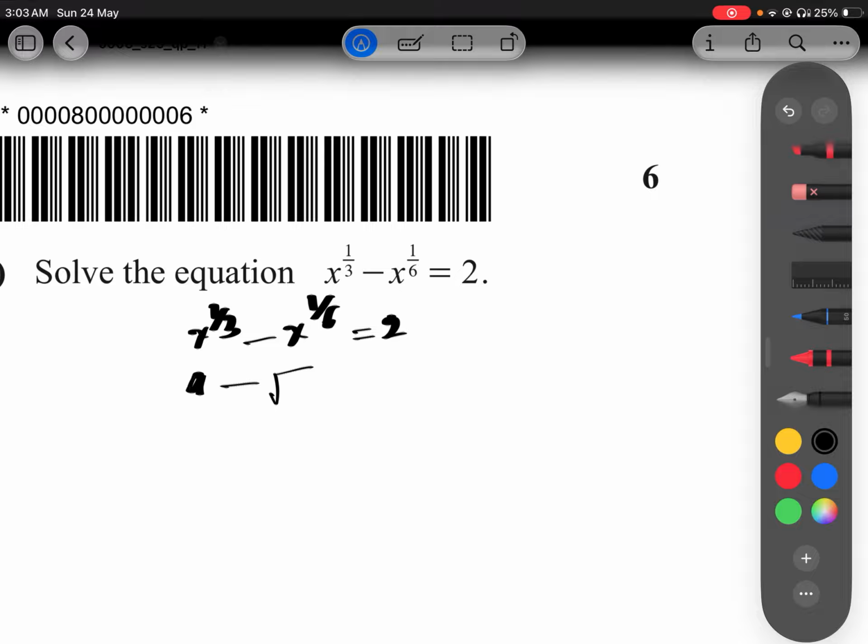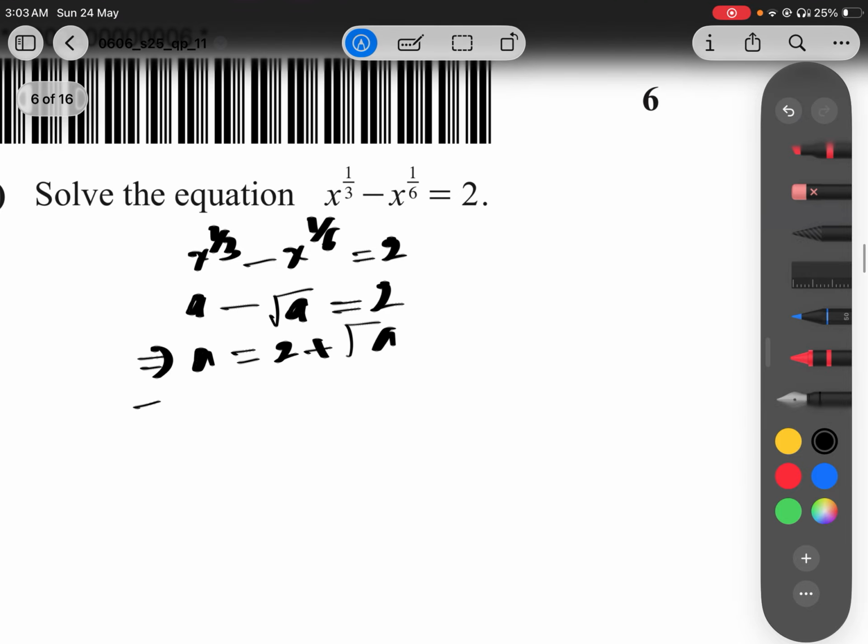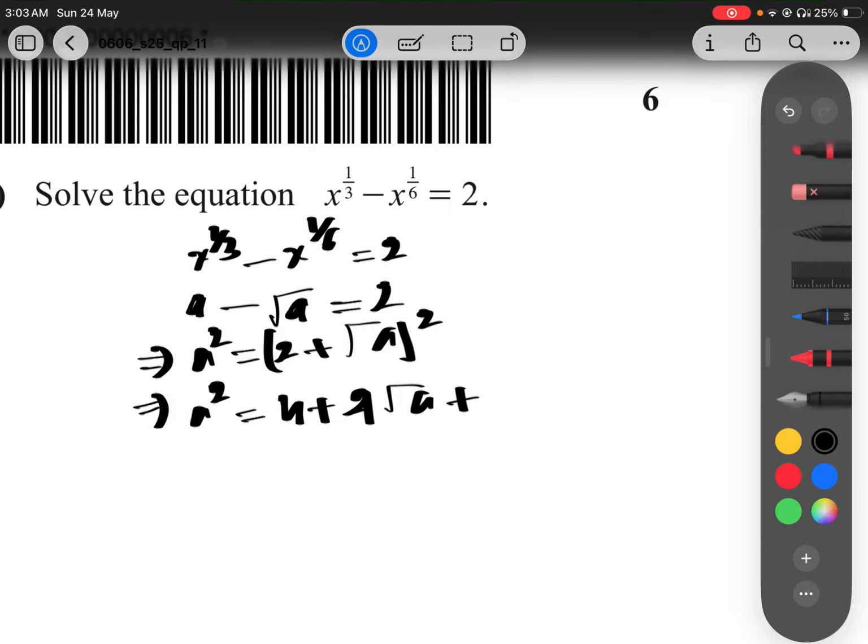1 by 3, 1 by 2. Root by... so this is a square, 4 plus 2ab. 2 2s are 4 root over a plus b square.